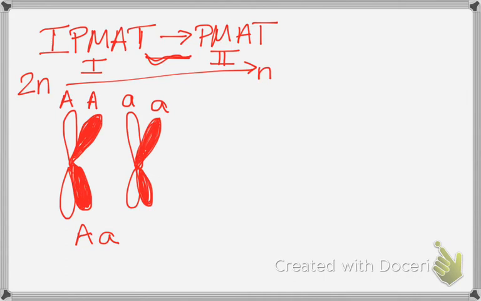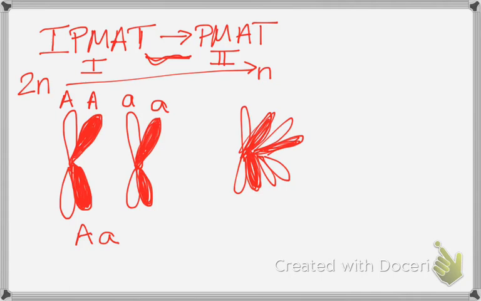During prophase 1, during meiosis 1, these 2 sister chromatids coil around each other and sit right on top of each other. So there's one, and then I'm going to draw the other one underneath it. It's so hard to draw this 2-dimensionally.